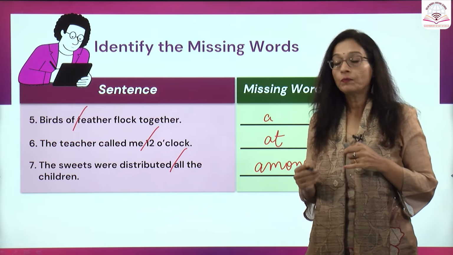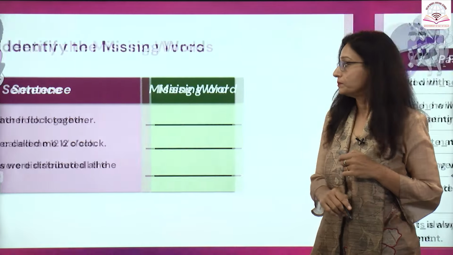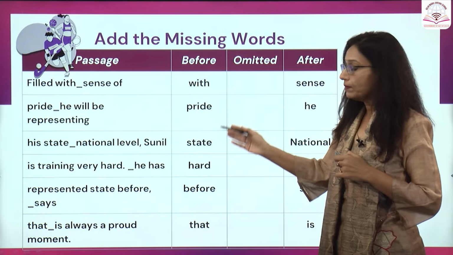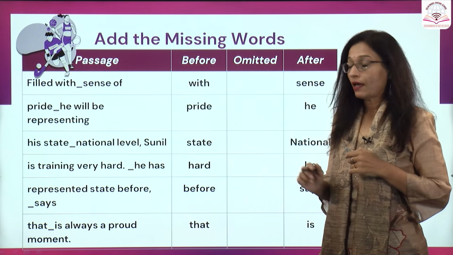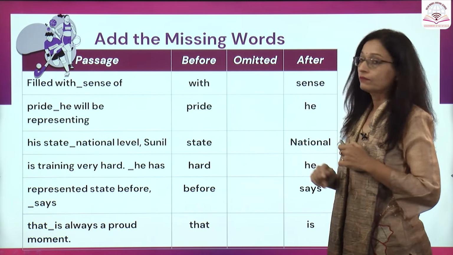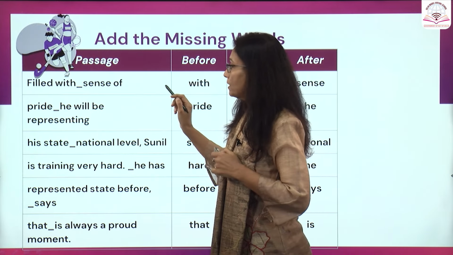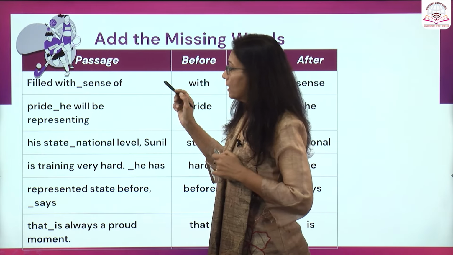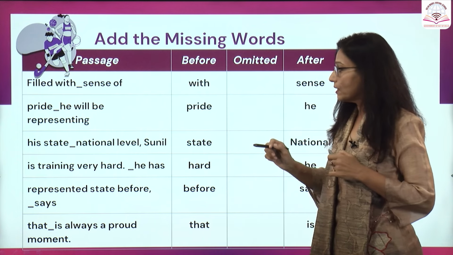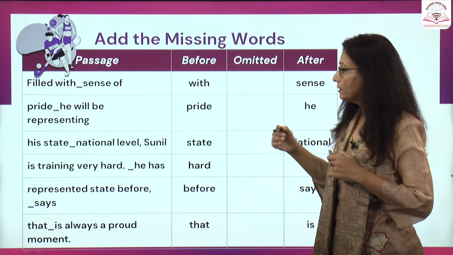Let's move to practicing a passage. Now here we have a passage. Let us read and fill it with the missing word. Filled with dash sense of pride dash he will be representing his state dash national level.